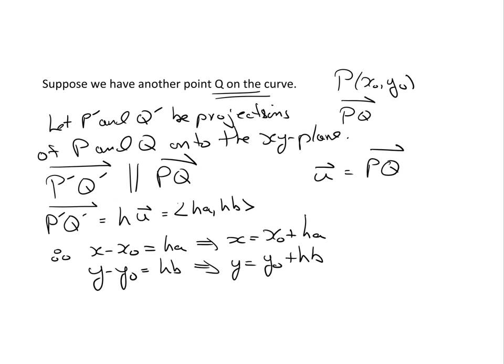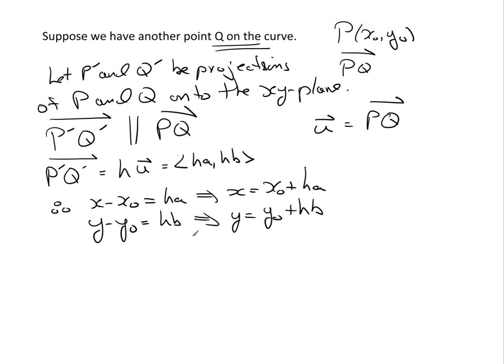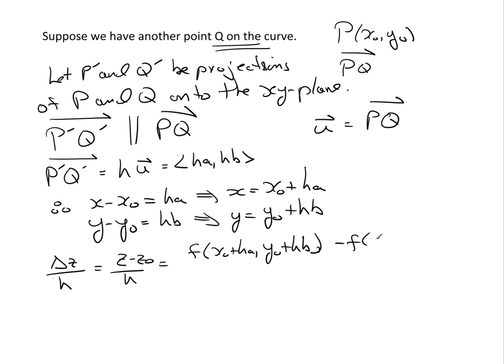So in terms of what's happening in the z direction, I can think in terms of delta z, the change of altitude over h, equals z minus z naught over h, which equals f of x naught plus hA, y naught plus hB, minus f of x naught, y naught, over h.